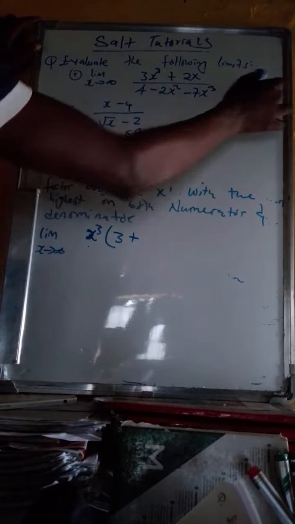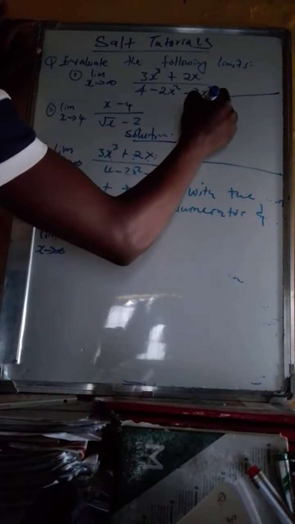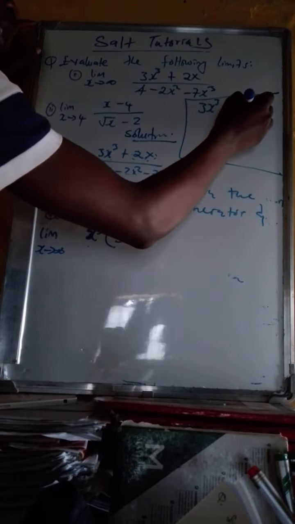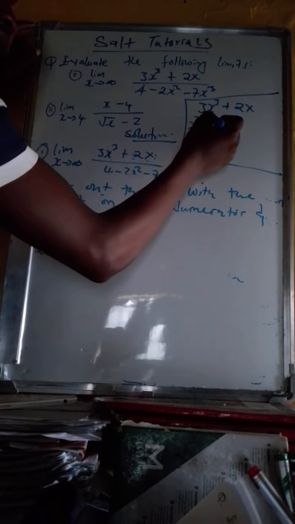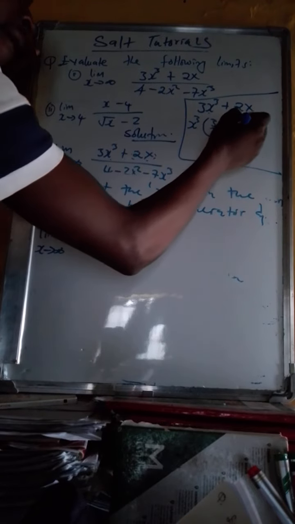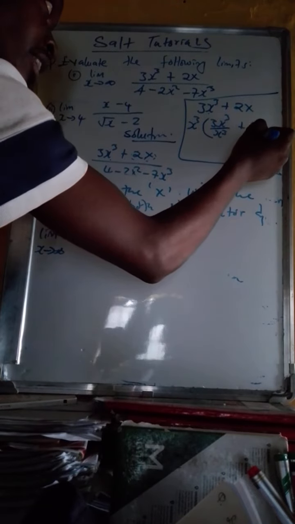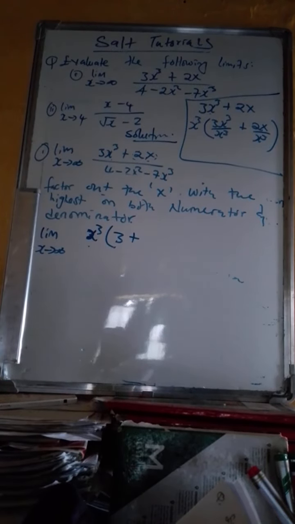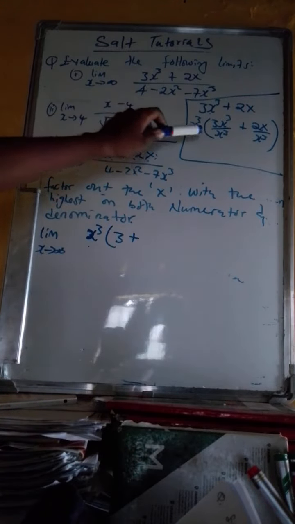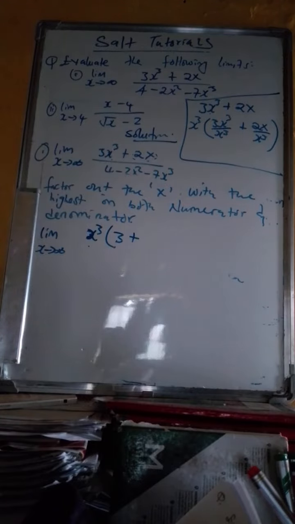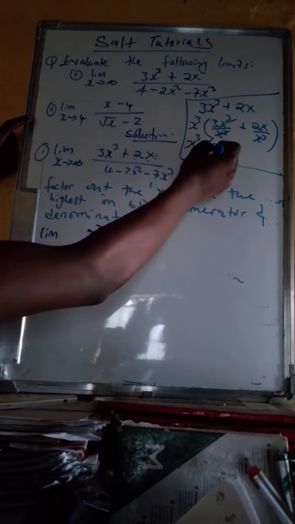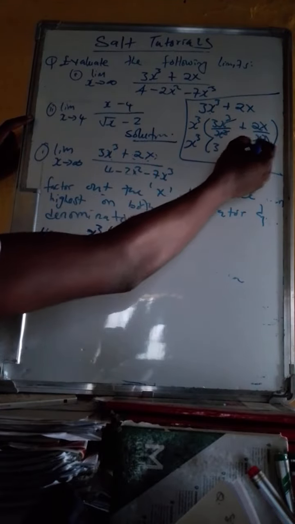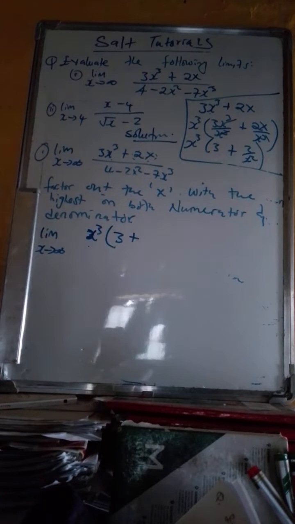If I have 3x power 3 plus 2x, and I want to factor out x power 3, I have x power 3 outside, open bracket, 3x power 3 divided by x power 3 plus 2x over x power 3. This is what we mean by factoring out. The same x power 3 divides every term there, so this and this cancel out. We'll have x power 3, open bracket, 3 remaining, plus 1x and 1x goes here, we'll have 2 over x squared. This is what is going to happen.